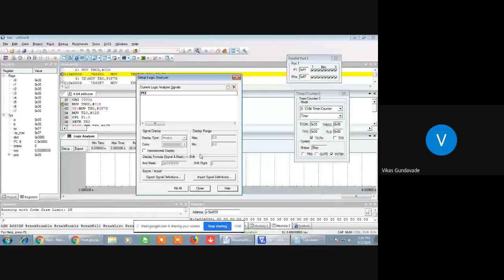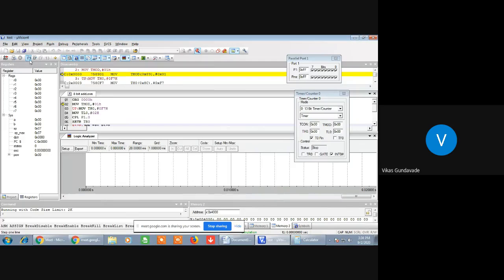So here it is port 1.0. Close. And we will just see here TMOD 01. So here the value in TMOD is 01, that means it is a 16-bit timer counter. Then the next is TH0, 0F7. See here for TH0 the value is 0F7. Then TL0 is 02.